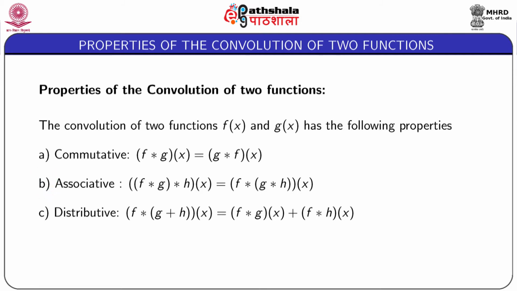That means (f star g) star h is equal to f star (g star h). Next property is convolution is distributive. That means f star (g plus h) is equal to f star g plus f star h.